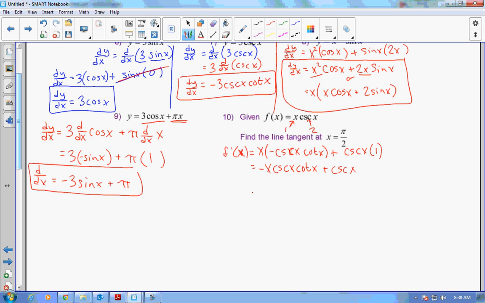We both have a cosecant, so sometimes it's useful to factor out what they have in common, cosecant, which leaves me with negative x cotangent x plus, if I factor out, it means I'm dividing. What's a cosecant divided by a cosecant? 1. Okay, but that's not our answer. This is f prime.